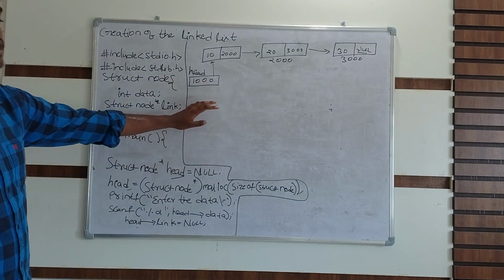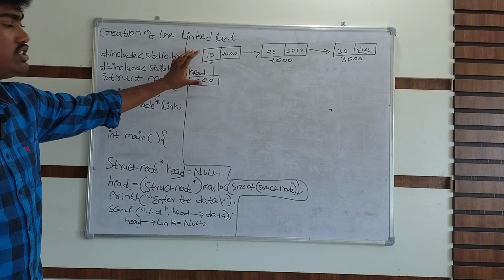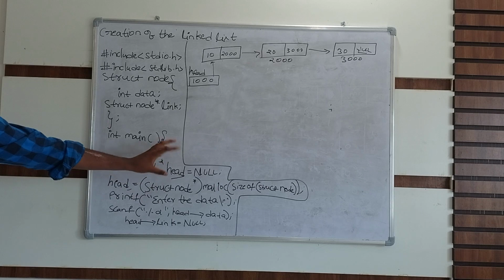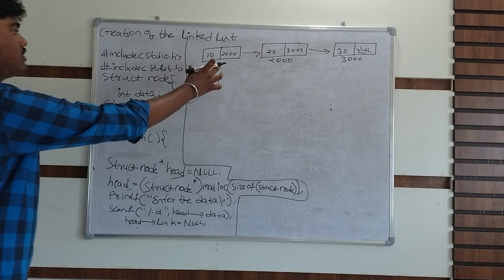Now we are understanding this by pictorial representation. Now convert this into our code. Initially we created the head, which will store the address of the first node.